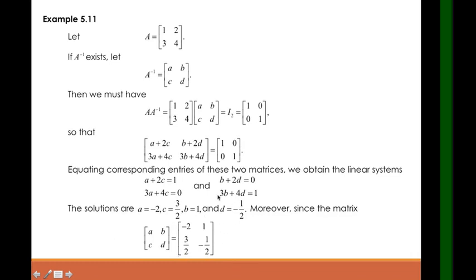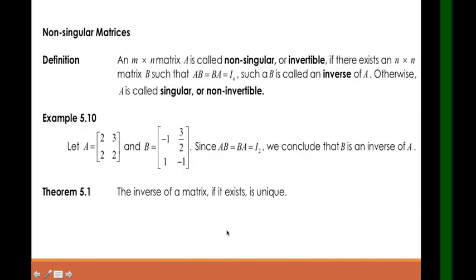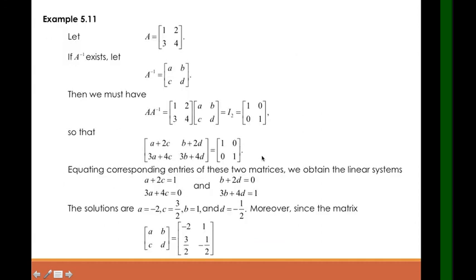At yun na yung inverse niya. And then this is equal to letter B. Therefore, B is called an inverse of A. Otherwise, A is called singular or non-invertible. So we have AB equals BA is equal to I sub 2. Okay? I hope you get it.